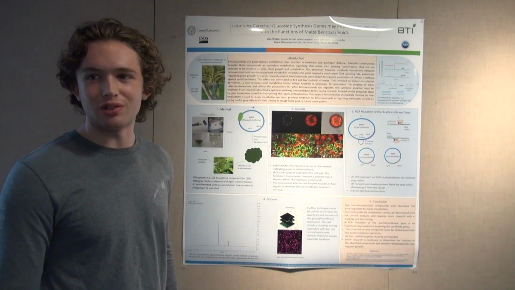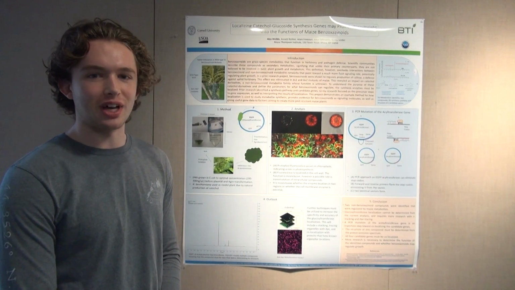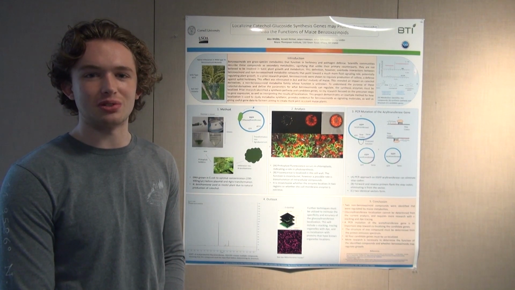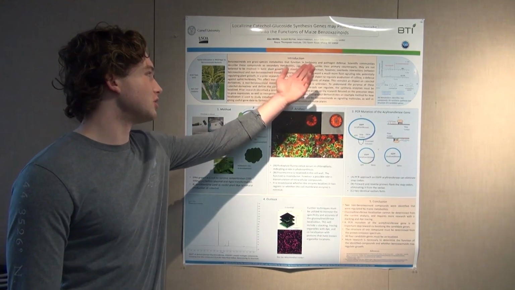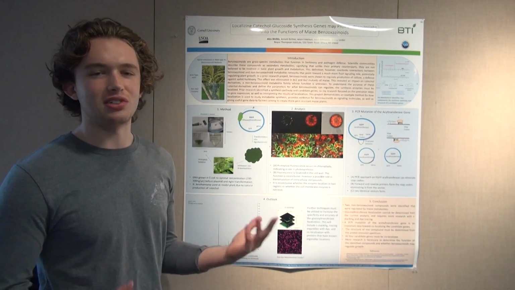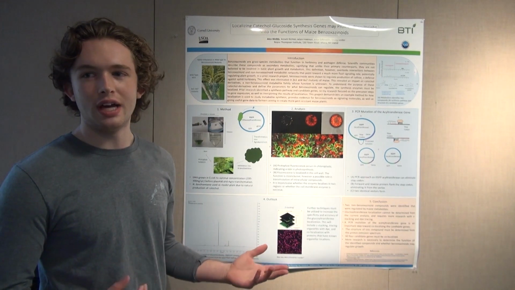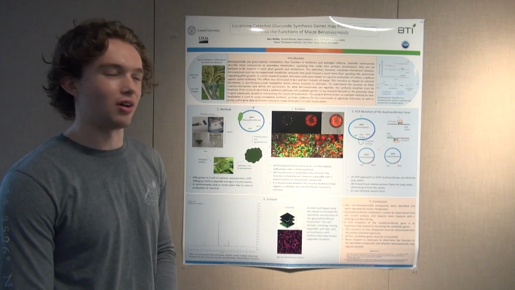My project focused on investigating the secondary role of benzoxazinoids. Benzoxazinoids are primary defense compounds found in grass species that are currently understood to function in herbivory and pathogen defense, or they play a secondary, lesser understood role in regulating other metabolite networks in the cell.